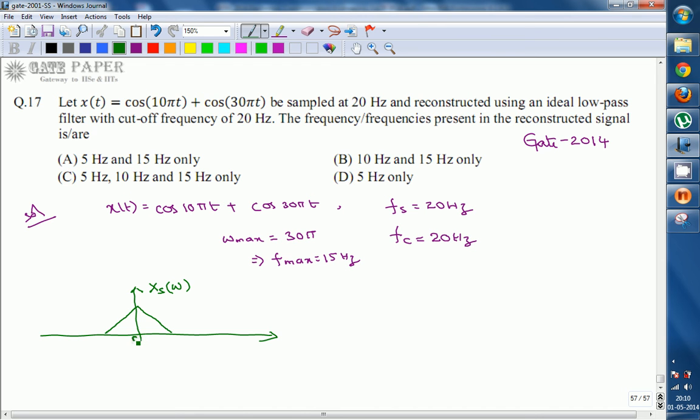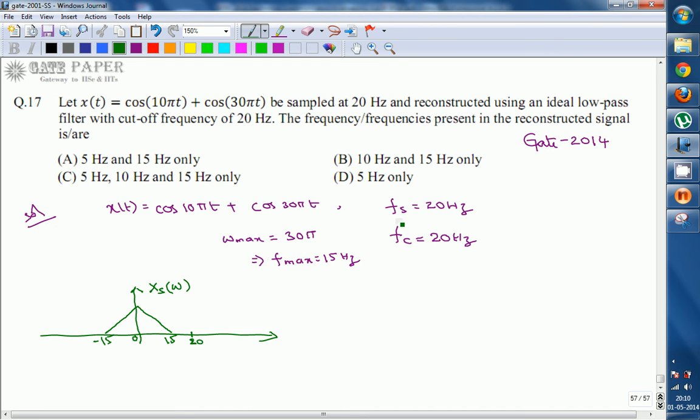This is the frequency axis with 0, and this is the message signal having the value of 15 Hz here. So it is minus 15 and this is 15, and we have one more frequency component at 20, that is the sampling frequency fs.